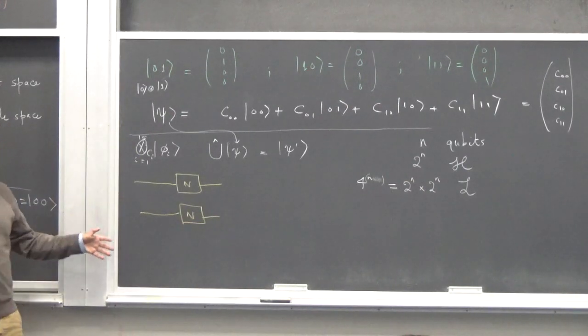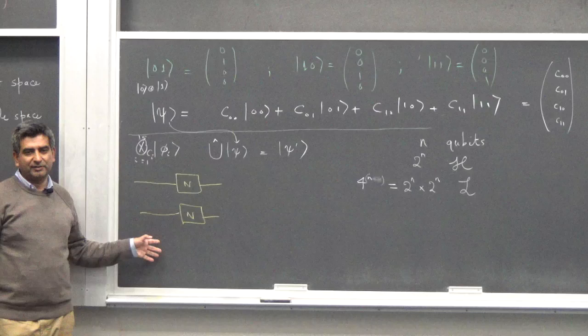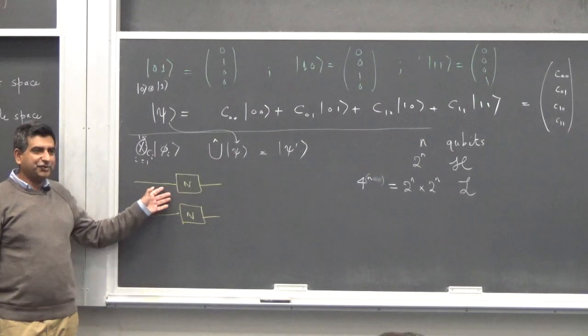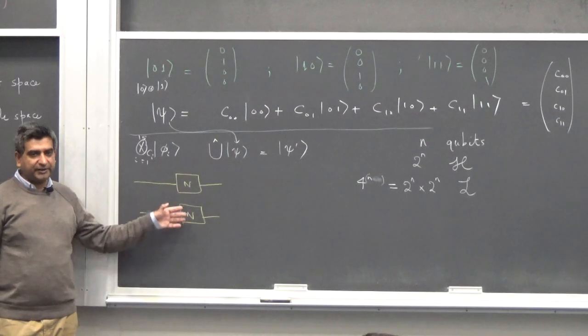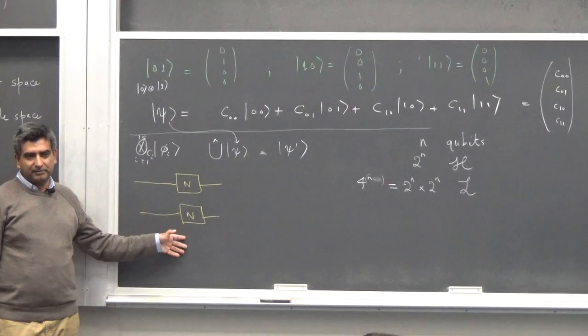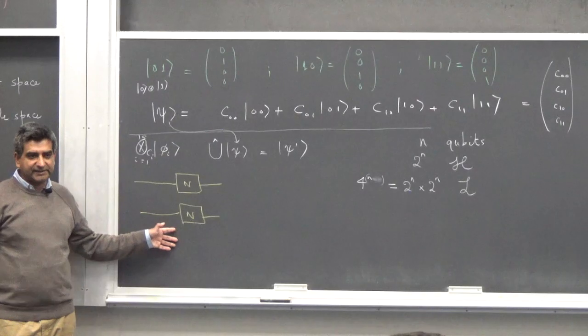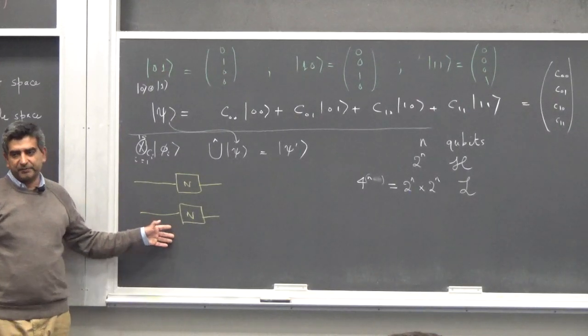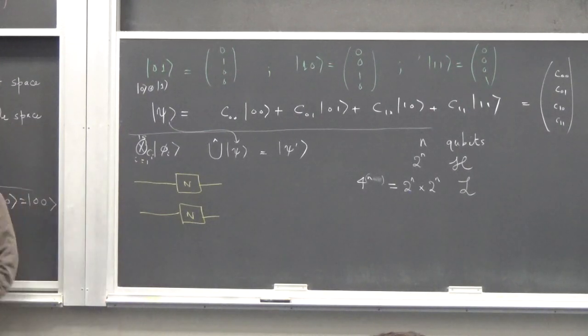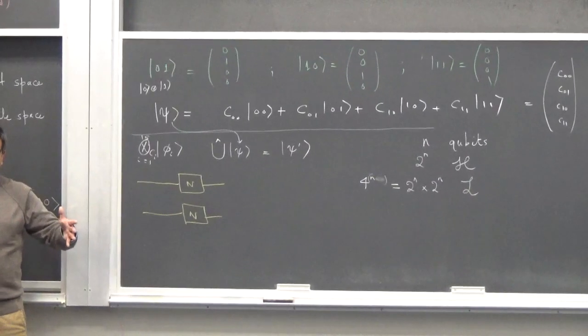This is not a genuine 2-qubit operation because each qubit is independent and uncorrelated with the other. So this is just 1 qubit operations on 2 identical systems which are uncorrelated with one another. This, however, is a genuine correlated 2-qubit gate.